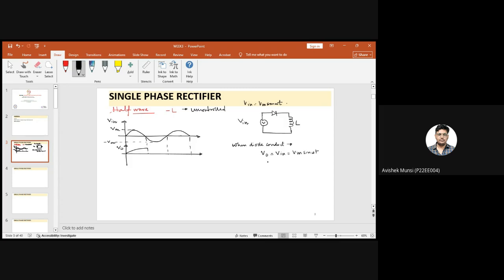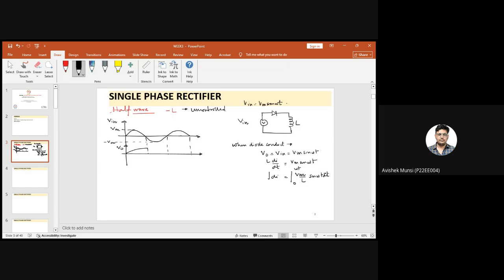So that means L di/dt is equal to Vm sine omega t. If we integrate di, we get the integral from 0 to omega t of Vm by L sine omega t dt.